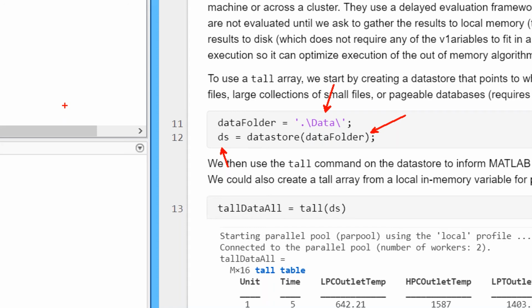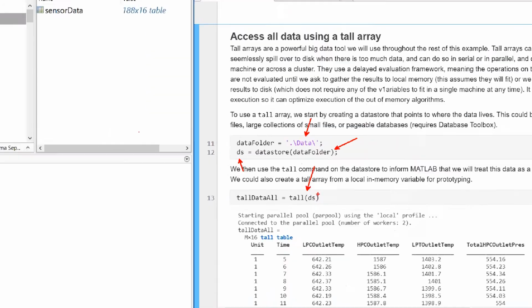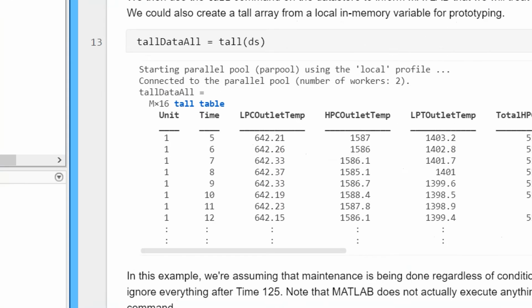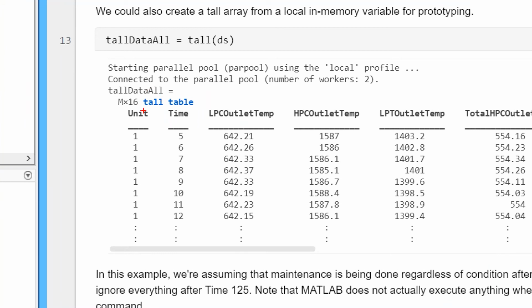But if it's too big to fit into memory, or if I think it's going to grow to be too big to fit into memory, then I might create a tall array instead, which is calling tall on the data store itself. When I do this, it will create this tall table, and you can see the size of this thing. It is M by 16, so it's 16 columns and M rows.